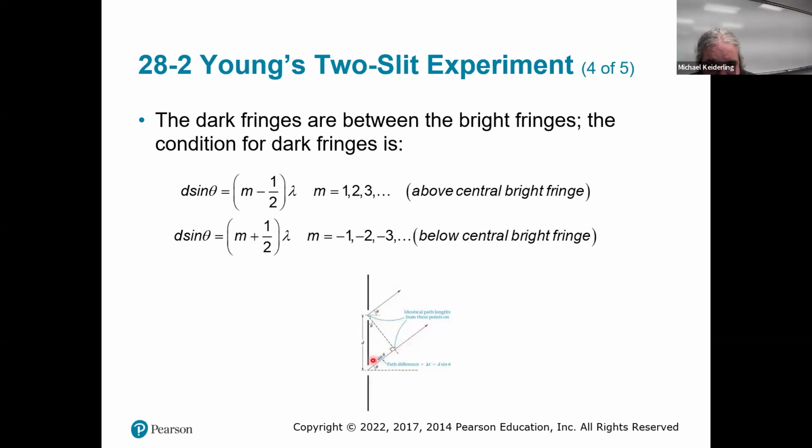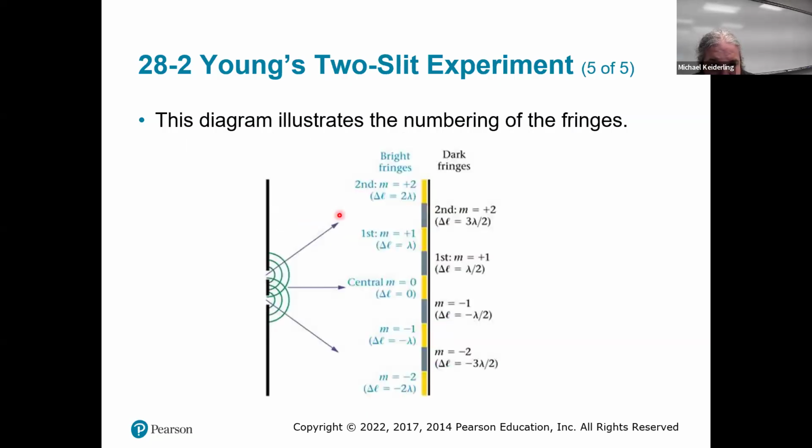A little bit of geometry tells you that that's d sine theta. This angle is the same as the angle the light is traveling outwards. And so the fringes are numbered from the central being 0, the first one at each side being +1 and -1, and so on.